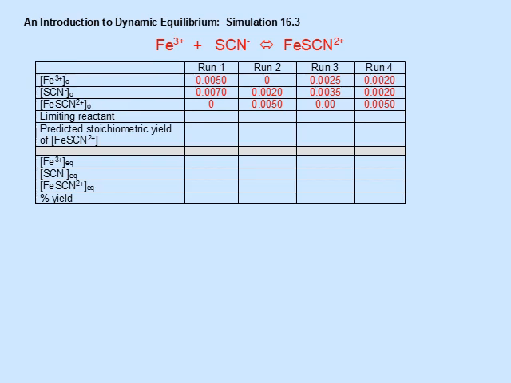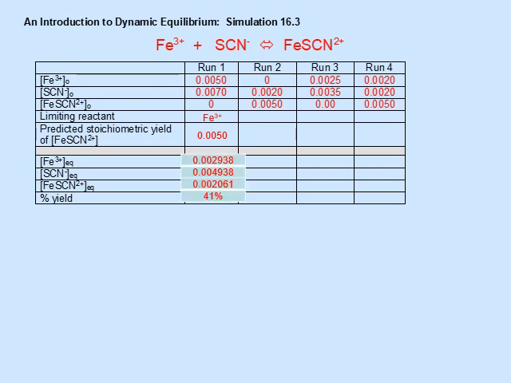Let's walk through completing the table for the first run. We can enter the initial concentrations of reactants and products. Since there is less Fe3+ than SCN-, iron 3+ is our limiting reactant. If the reaction would go to completion, we would expect to form 0.005 molar of the product FeSCN2+.